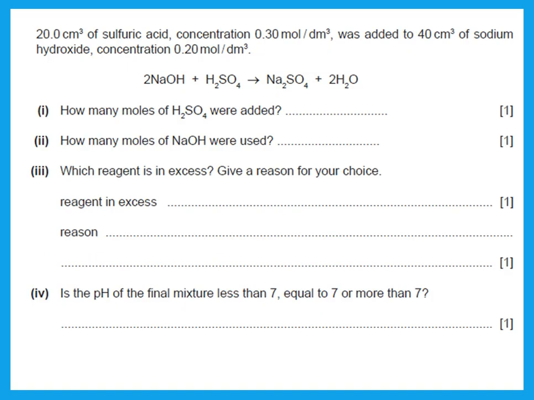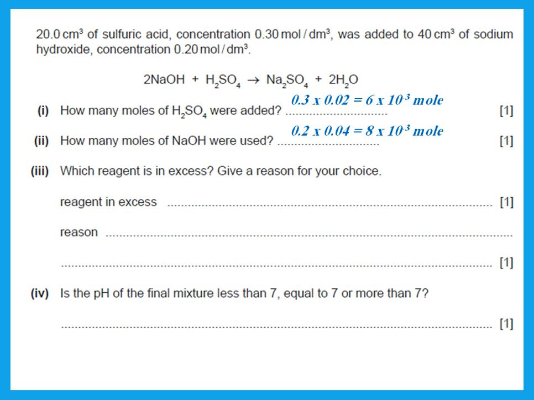Another type of question, he says 20 centimeter cubed of sulfuric acid with this concentration was added to 40 centimeter cubed of sodium hydroxide with this concentration. So how many moles of sulfuric acid were added? Again, concentration times volume. How many moles of sodium hydroxide were added? Concentration times volume. And then I look at the equation.